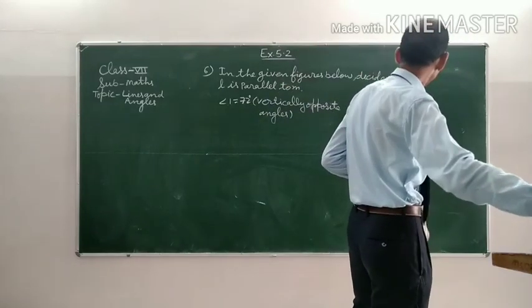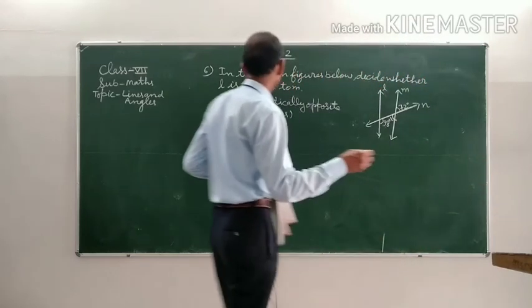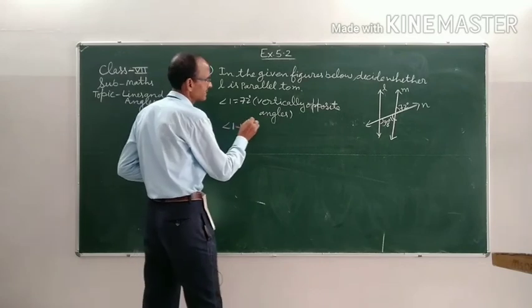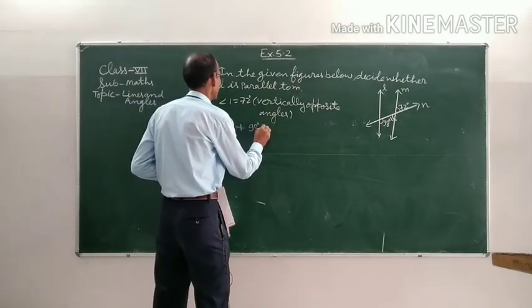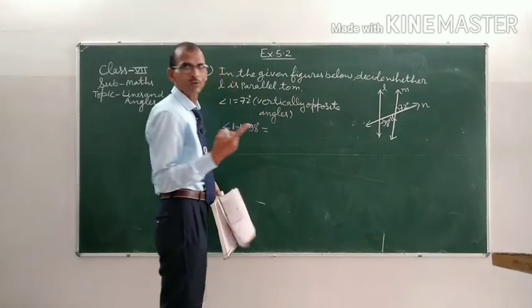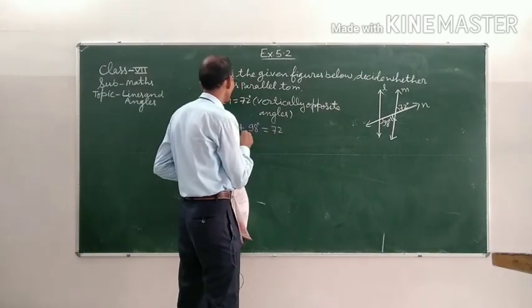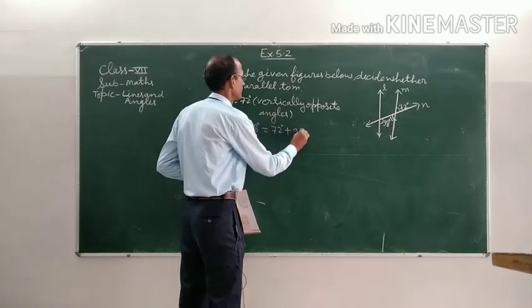Now we will find the sum of angle 1 plus 98 degree, is equal to, angle 1 is how much? We have just calculated 72 degree, plus 98 degree.